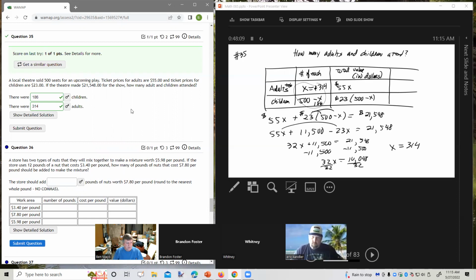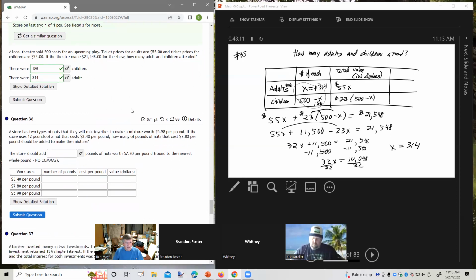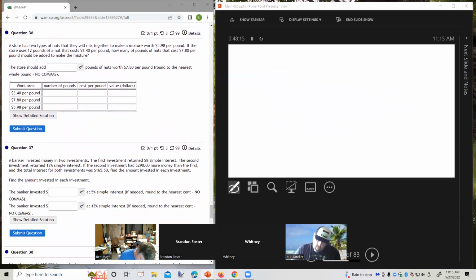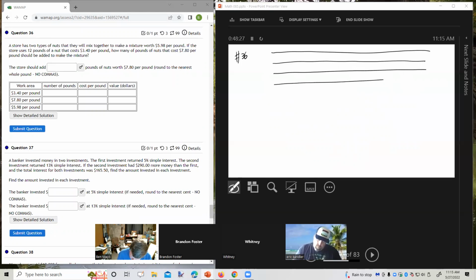Okay, let's go on to the next problem. And they already have a table set up, so that's kind of nice. And let's see here, I need 4 rows and 4 columns.